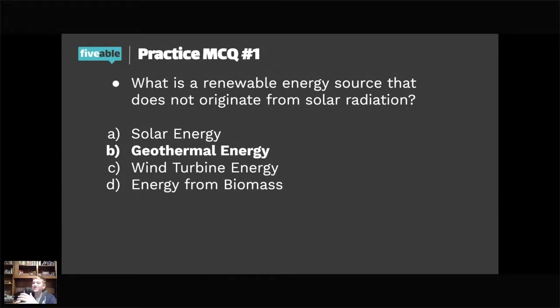So basically, geothermal energy, it comes from the heat that comes from the core and the mantle. So the sun provides most of the heat for the earth, right? But the core and the mantle are so hot. I don't know if you guys have ever been to Yellowstone, Yosemite, any of the national parks out west that have geysers.